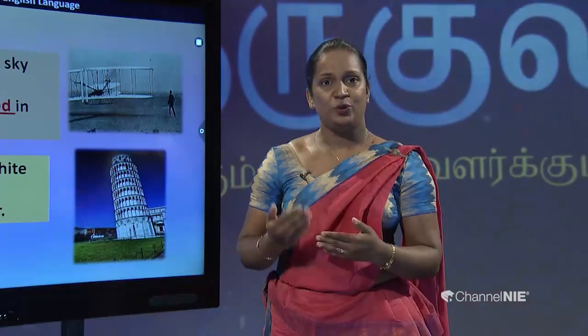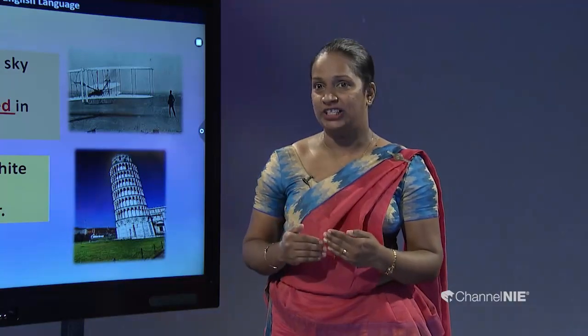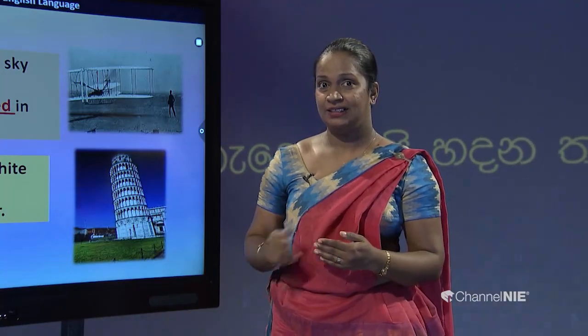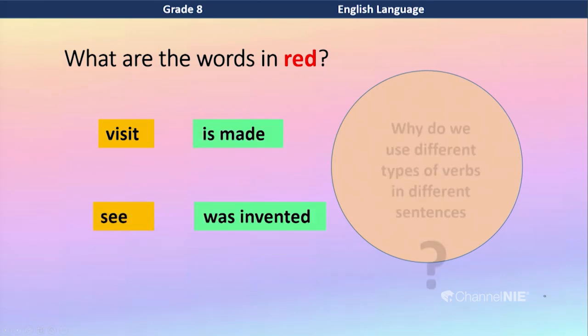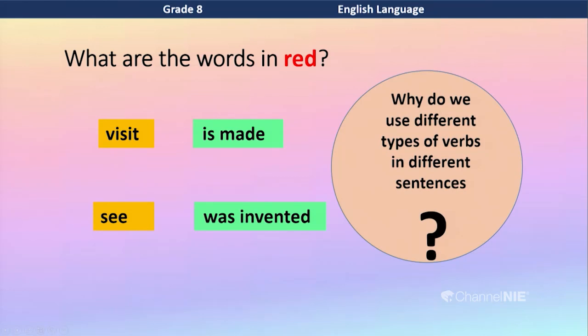Children, did you notice that I have highlighted some words in red? I think you can see them. Miss Chamari, can you read out the words which were highlighted? Okay. Visit, see, is made, was invented. Right. Miss, can you name these words?